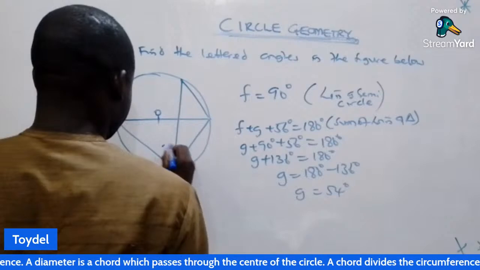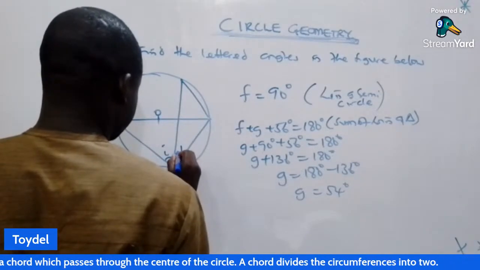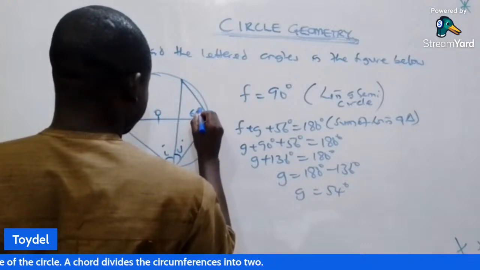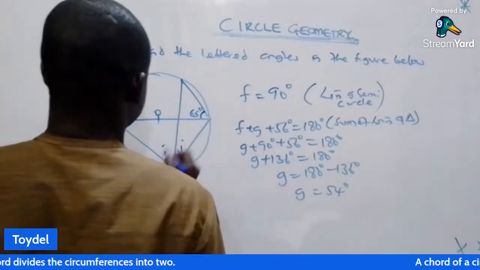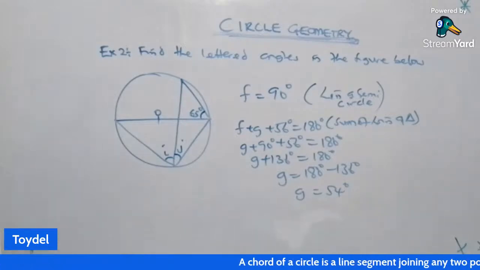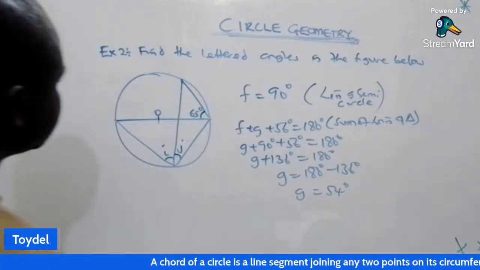So here is I. This other place is J. And we are given this place to be 65 degrees. So we have to find letter I and J.